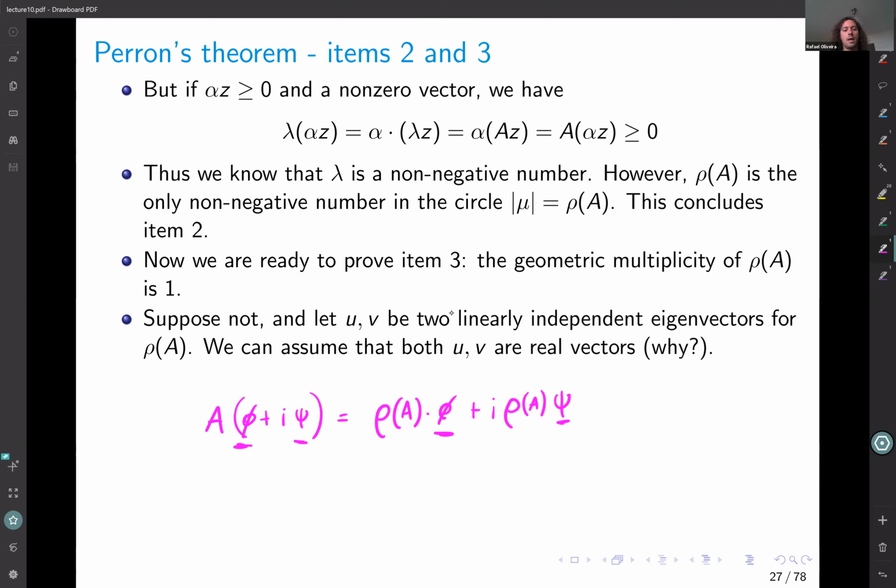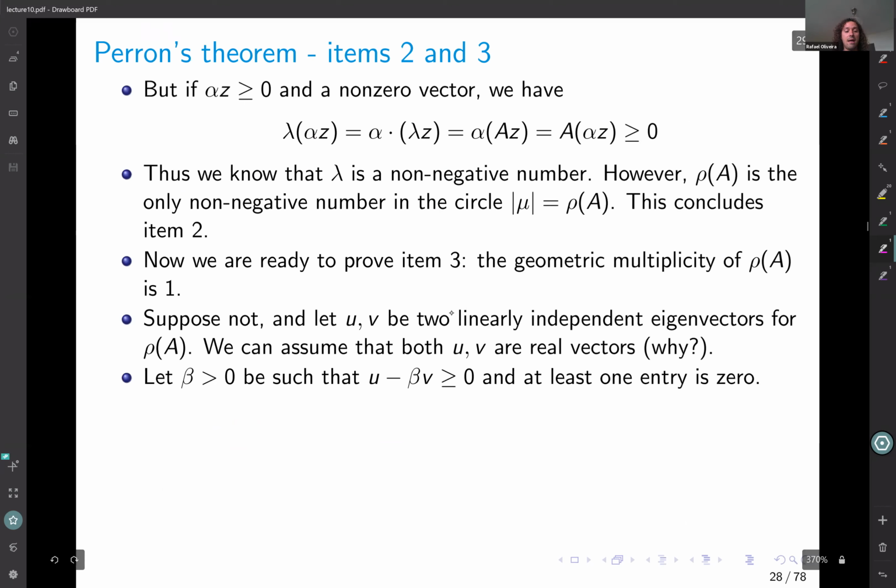Okay. And now, they're both real vectors. Now let beta be a positive number such that u minus beta v is greater or equal to 0, and at least one entry is 0. So we can always choose this beta. Why can we do that? Because we know that rho of A has one eigenvector with all positive entries.